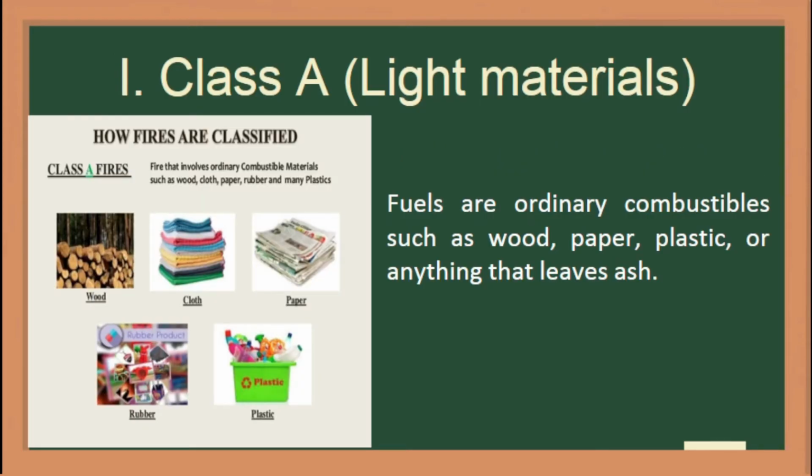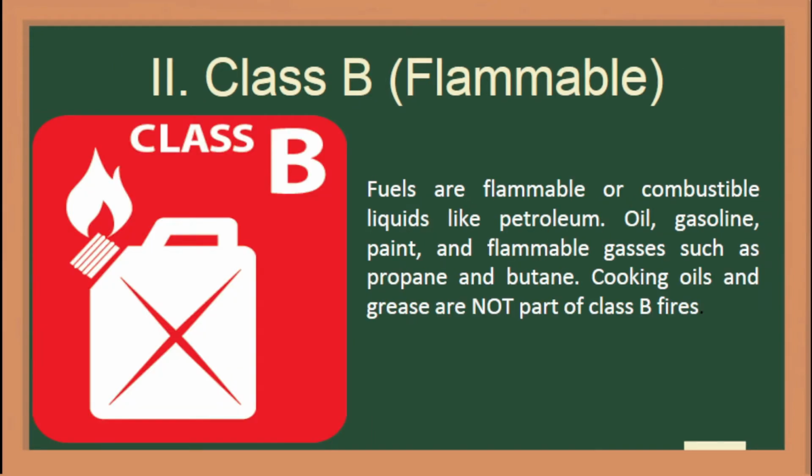Now, let us have number 1, Class A, light materials. Fuels are ordinary combustibles such as wood, paper, plastic, or anything that leaves ash, as you can see in the image below. Next, number 2, Class B, flammable.